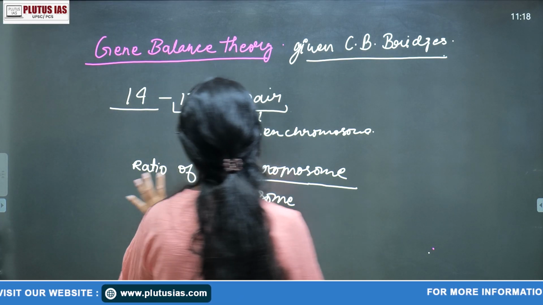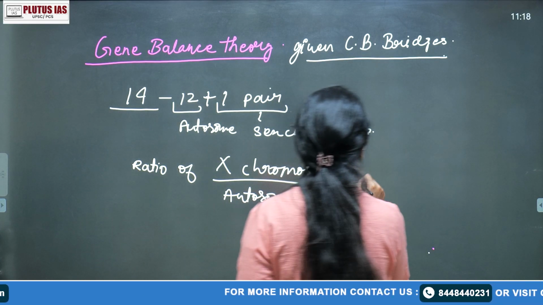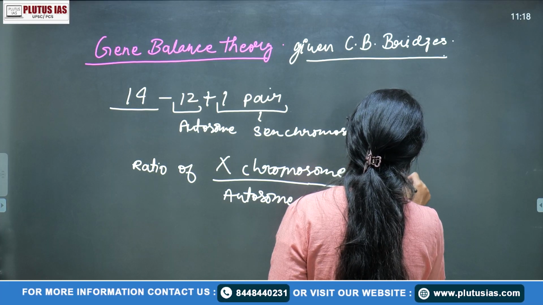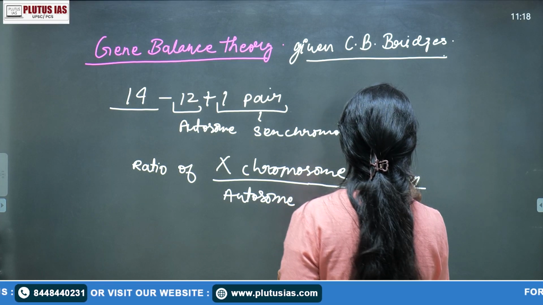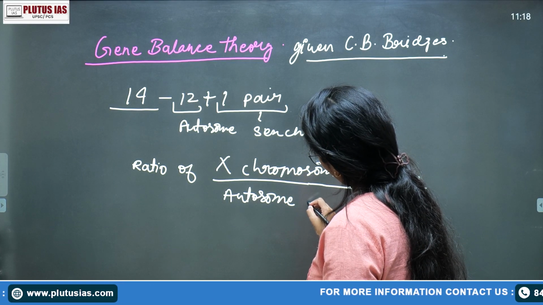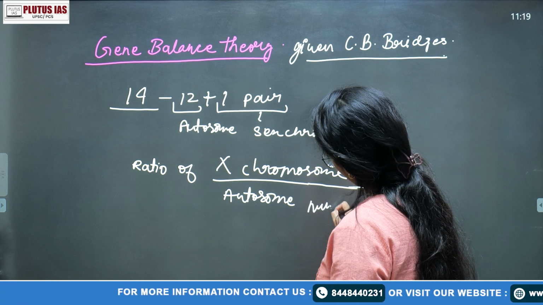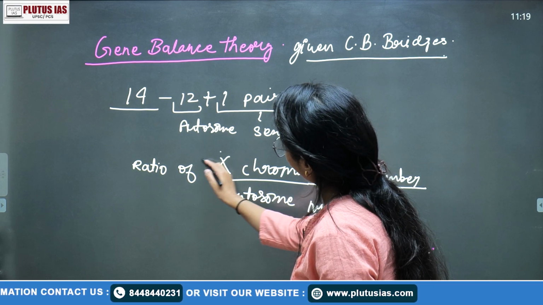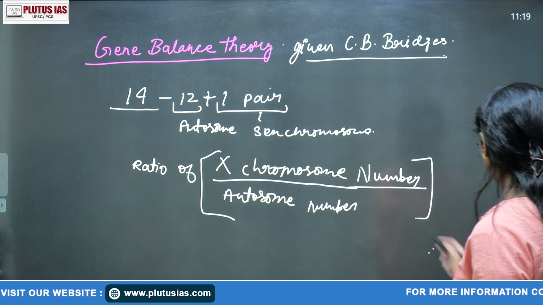How? We can write it as the ratio of the X chromosome number and the autosome number. To define this, he gave many philosophies and concepts.